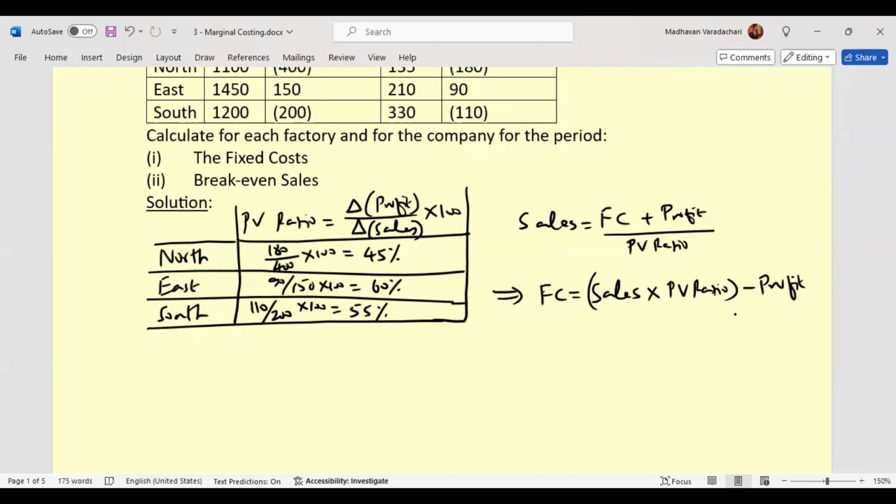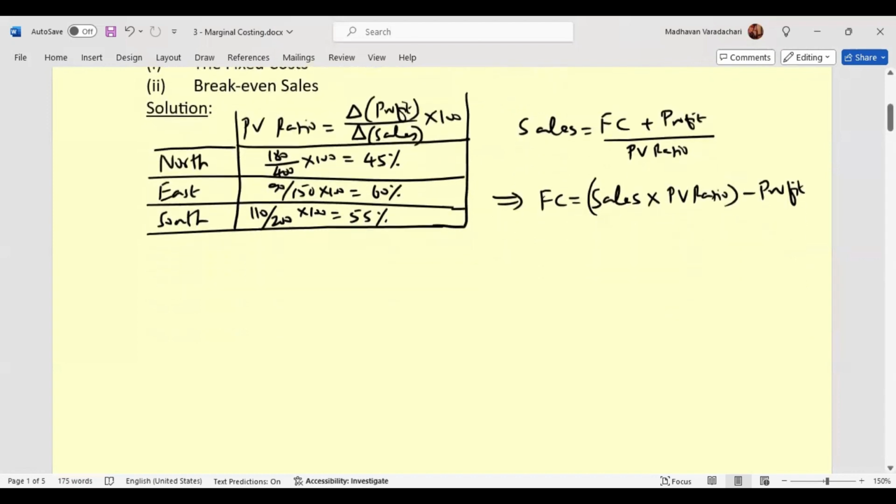Which means for north, east, and the south, we can calculate the fixed cost.